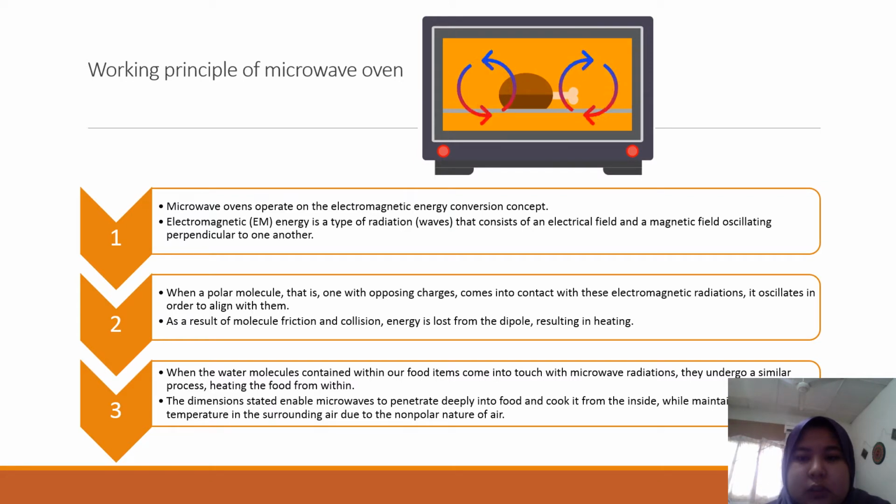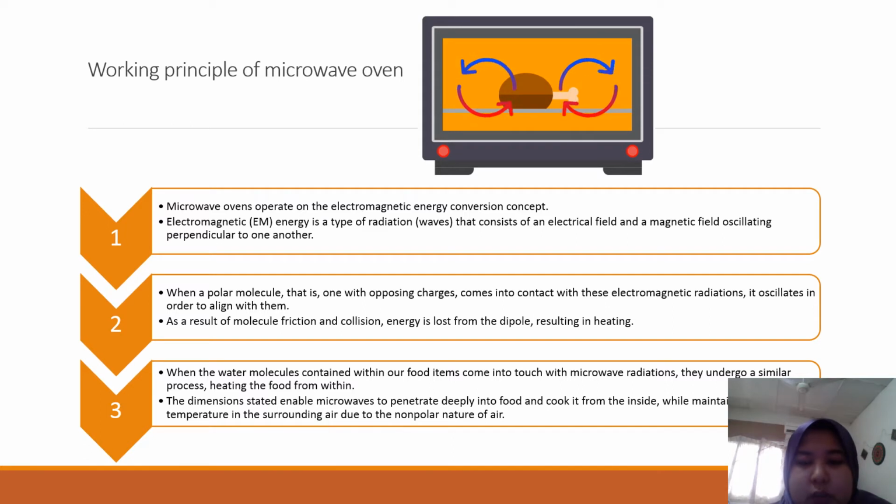For the working principle of microwave oven, first, microwave ovens operate on the electromagnetic energy conversion concept. Electromagnetic energy is a type of radiation wave that consists of an electrical field and a magnetic field oscillating perpendicular to one another.